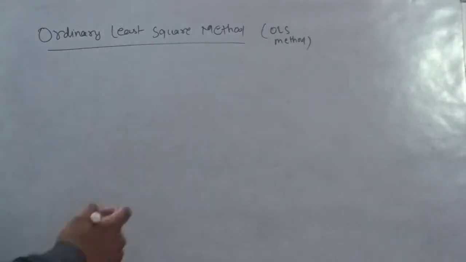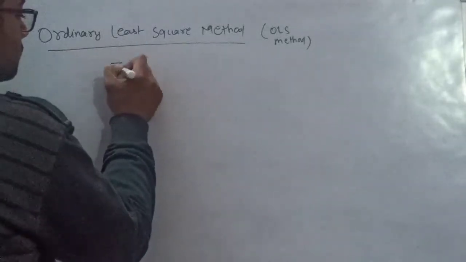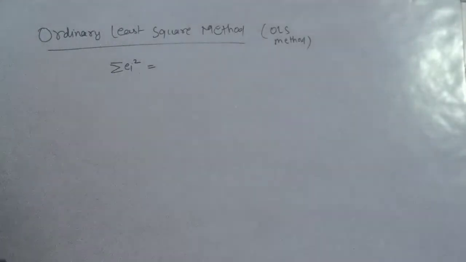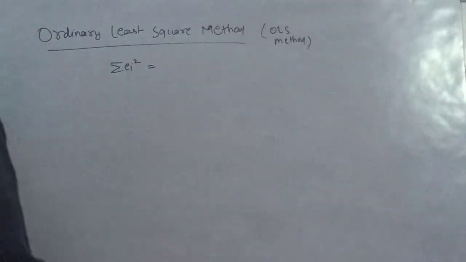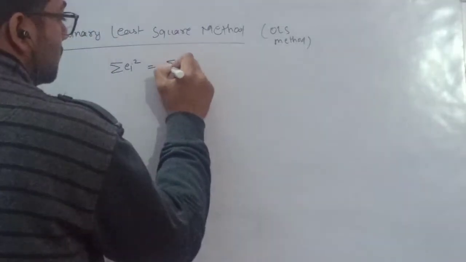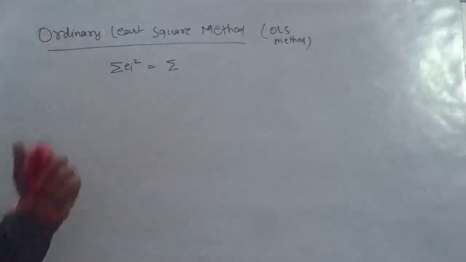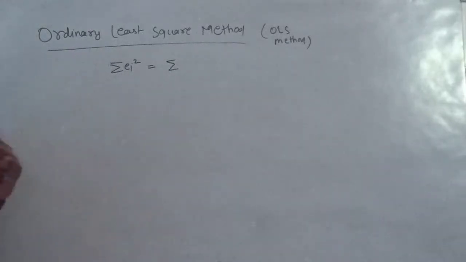Okay, so sigma ei square, what can we write? What is ei? Ei is, in the sample regression function, the residual term.